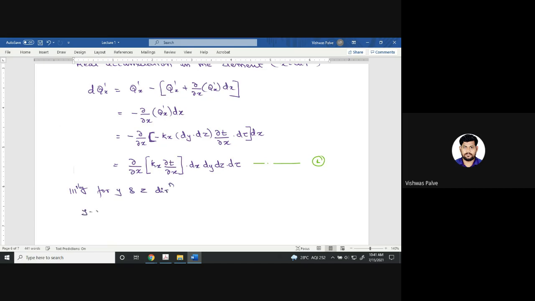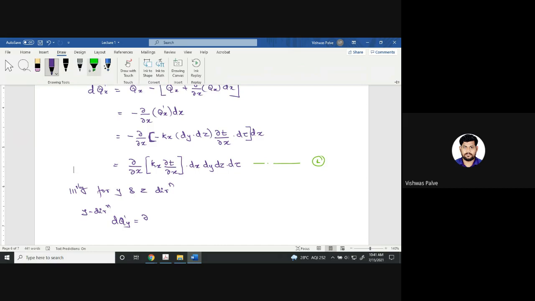So in y direction, if I want to write, can anyone guess what will be the equation in y direction? D dash y. Is my screen visible? Yes, sir. So in y direction it will be this equation.